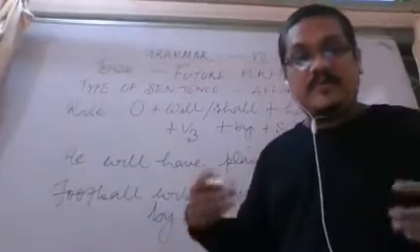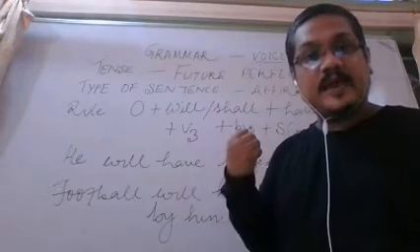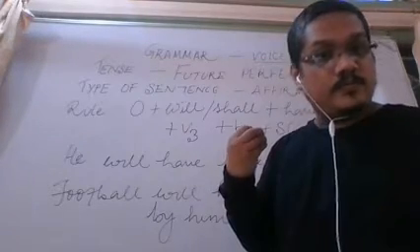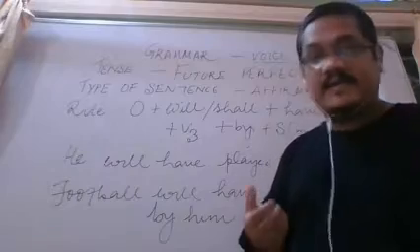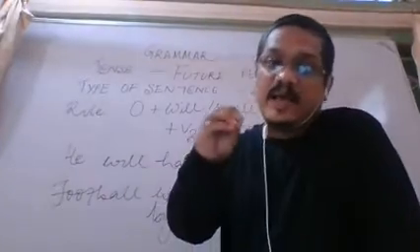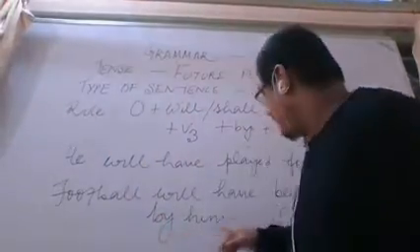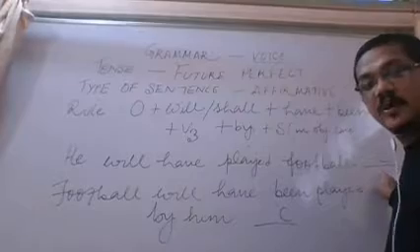Now see, when we use perfect tense, then we have to take for granted that the action has already taken place, and that is why sometimes I have written here C. C means complement.